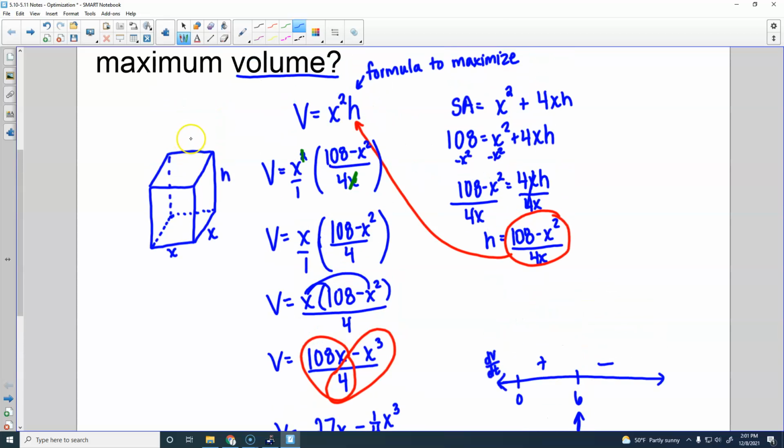You can plug in 6 for x squared. Probably the easiest place to plug it in is right here where it's already solved for h.